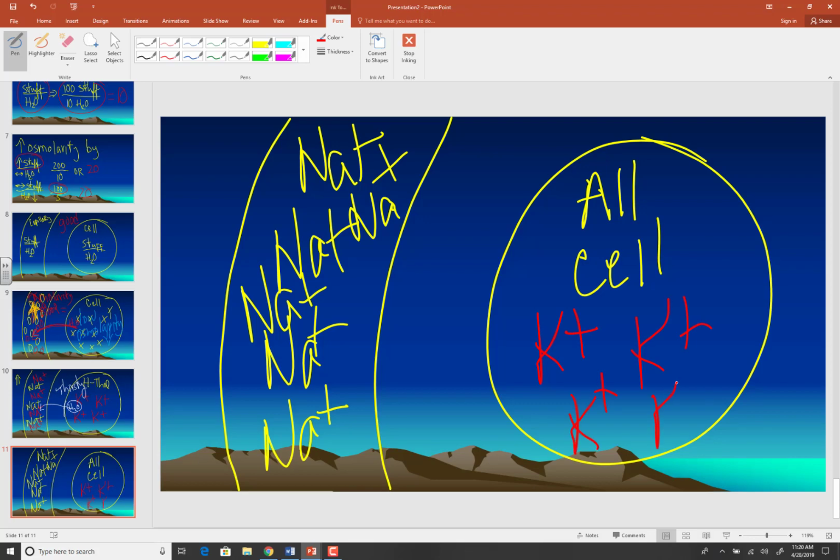So the osmolarity of the blood is higher than the osmolarity inside the cell.